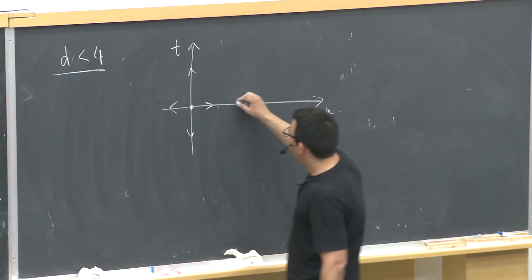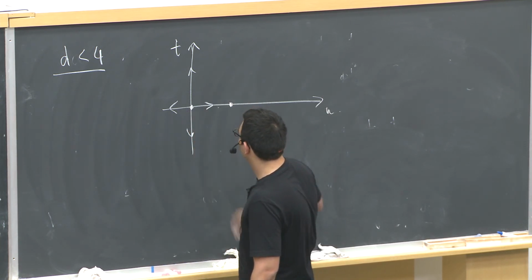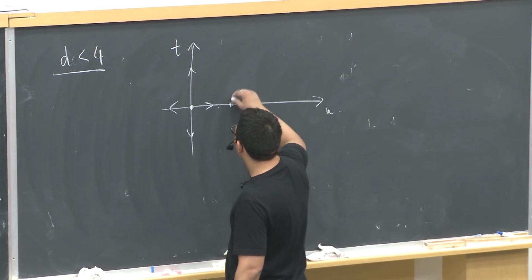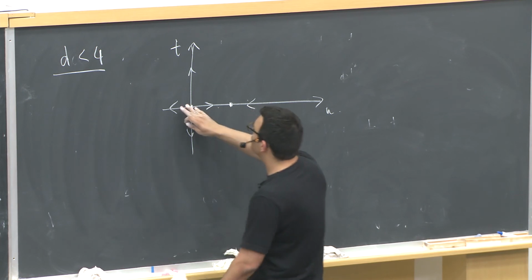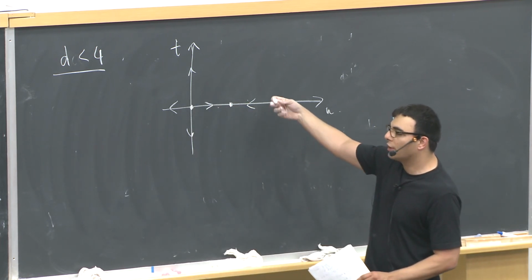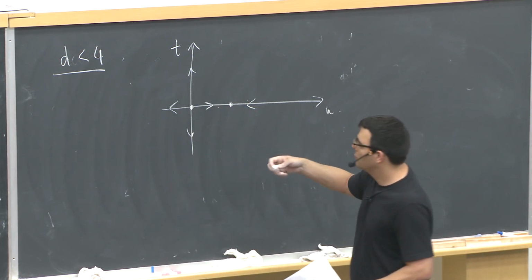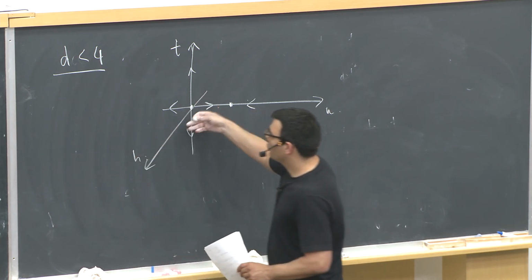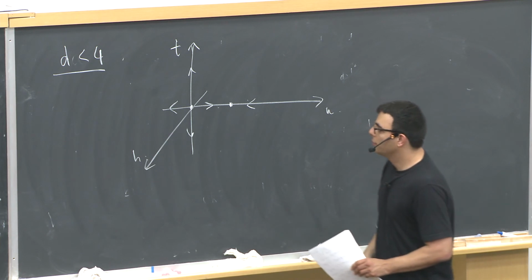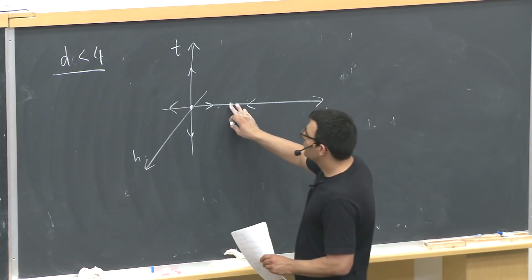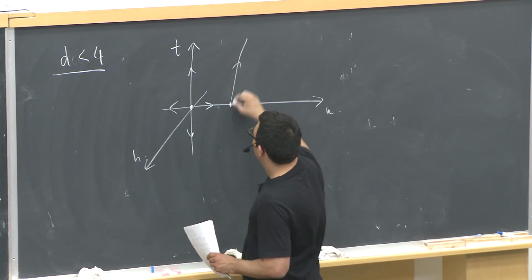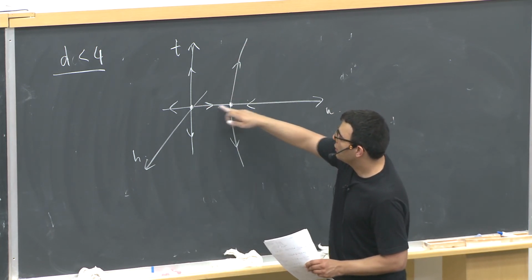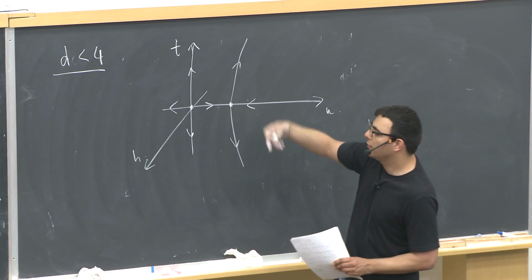But there will be another fixed point over here, perhaps, that has only, so in addition to these 2 relevant directions, there is another relevant direction for H. So this would be on a plane perpendicular to the board. It also takes us away from the fixed point. But perhaps there's another fixed point here that has one relevant direction like this, one irrelevant one like that, and another relevant one out of the board.